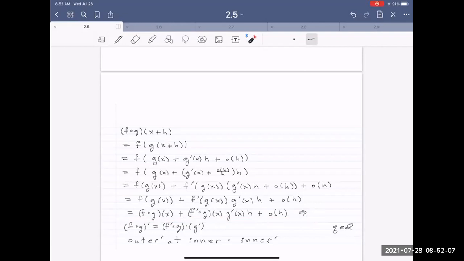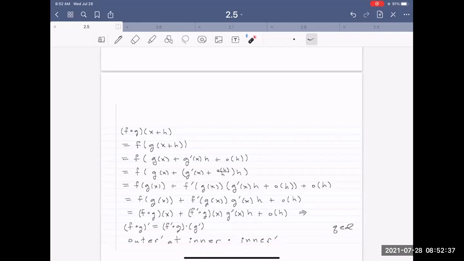And so here's my derivative. Therefore, the derivative of the quantity f composed with g is equal to the derivative of f composed with g times the derivative of g.